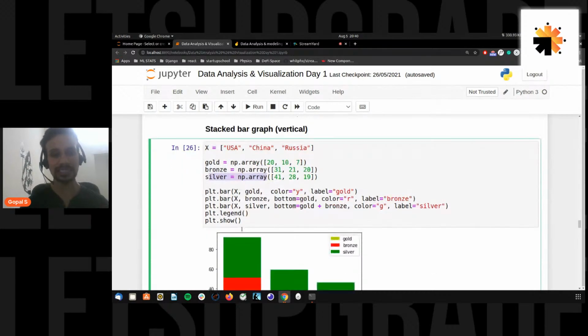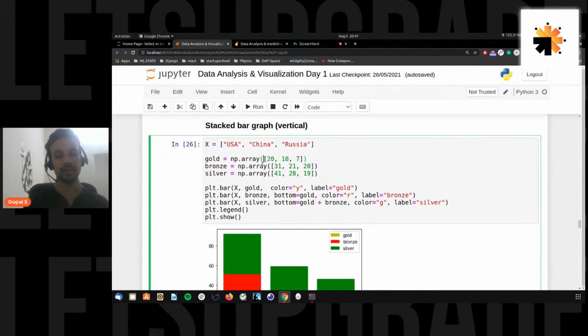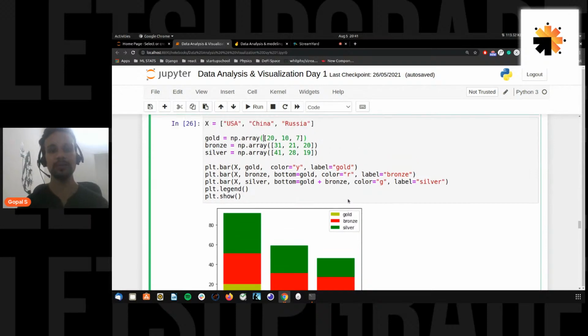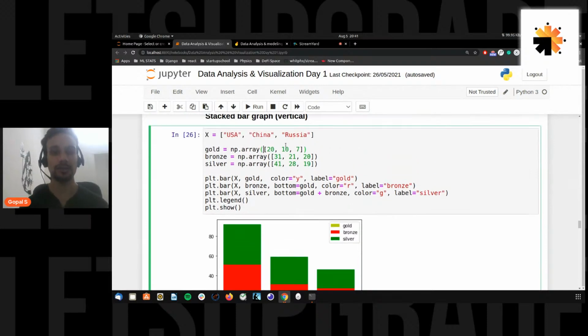So now I can say USA has won 92 medals till now. But out of those 92 medals, how many were gold, bronze, and silver? And the same goes for China and Russia.